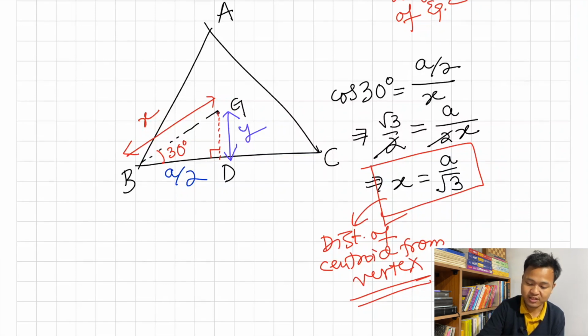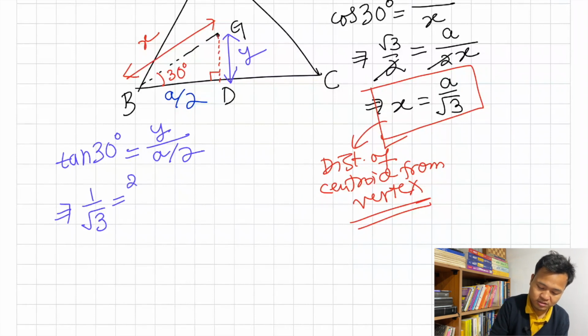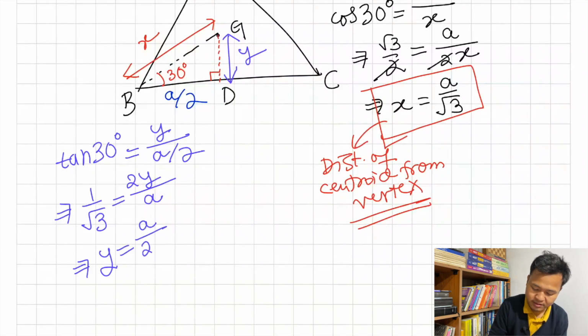I know A by 2, so I can apply tan 30. Tan 30 is equal to y divided by A by 2. Tan 30 is 1 by root 3. So this is 2y by A. So y is A by 2 root 3.